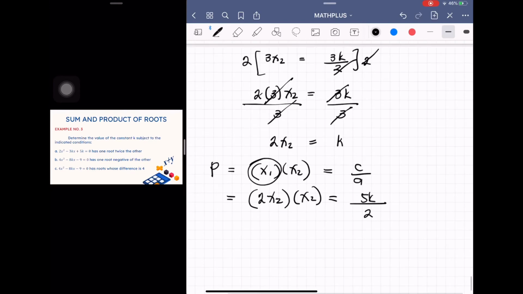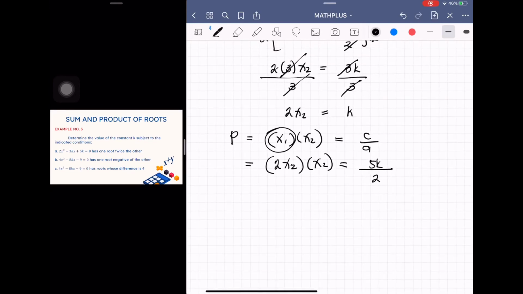And then again, we simplify. This will result to 2x sub 2 squared equivalent to 5k over 2. In that case, we multiply both sides by 2, which cancels the right side, and you'll produce 4x sub 2 squared equivalent to 5k.